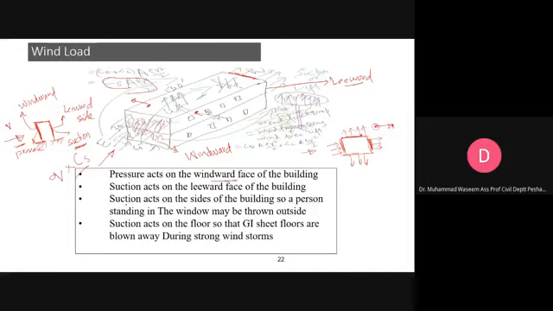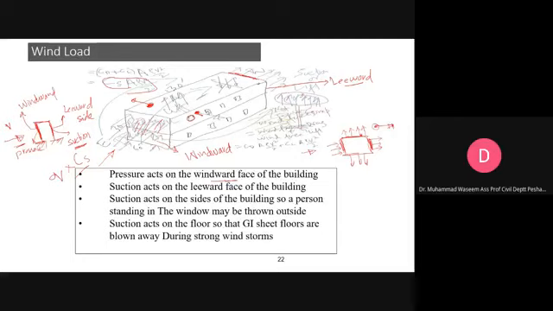Now it says that with suction on the building, a person standing in a window may be thrown outside. Here we have suction, and on this side we have suction, so this will try to pull anybody standing in this window.